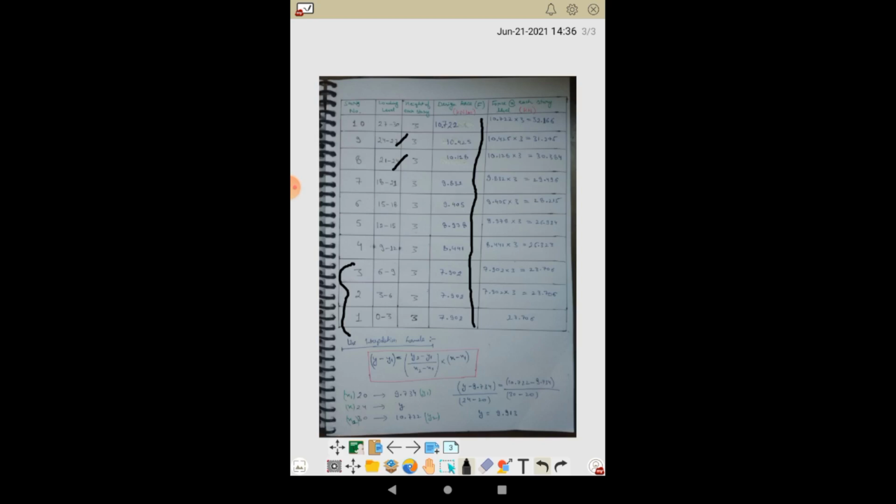So as according to our chart here you can see that our height level is 0 to 3 and then 3 to 6 and 6 to 9. So because these all lie under the value of 10 meter, you can directly put the value of F as 7.902.